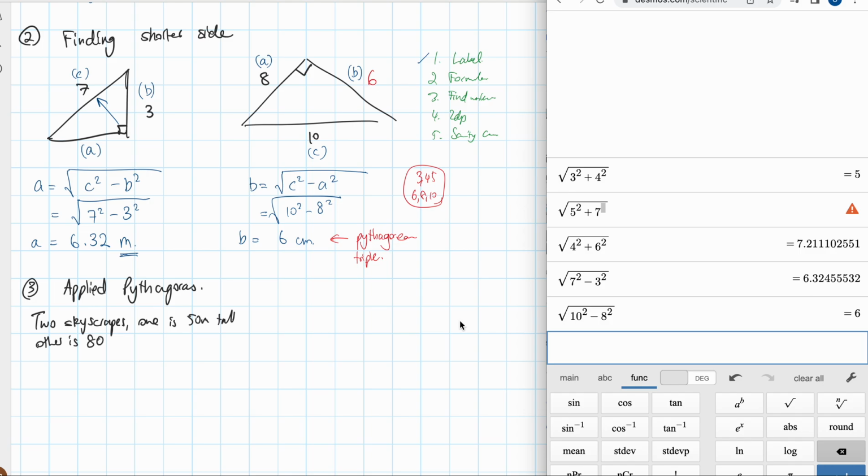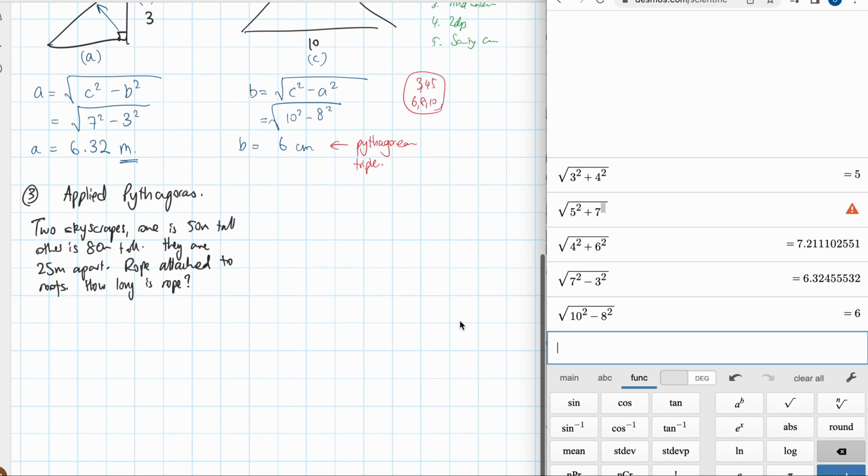Okay, and let's just say they are 25 metres apart. Okay, so a rope is attached to the roofs. How long is this rope? Assuming no slack.